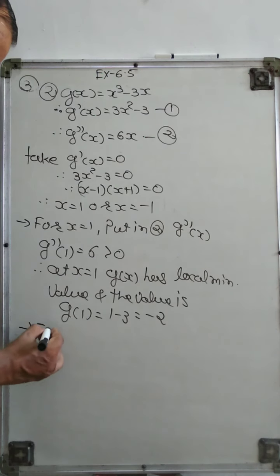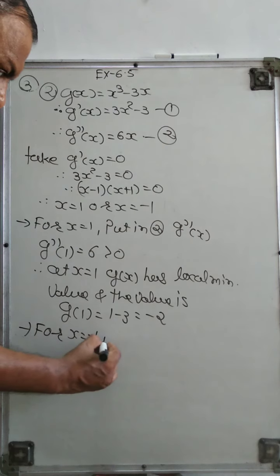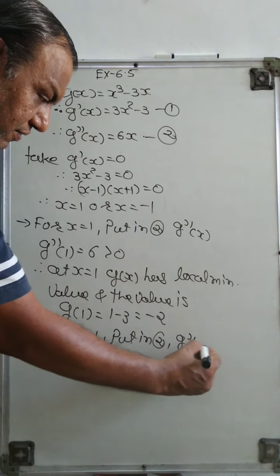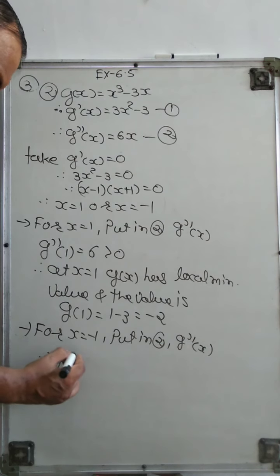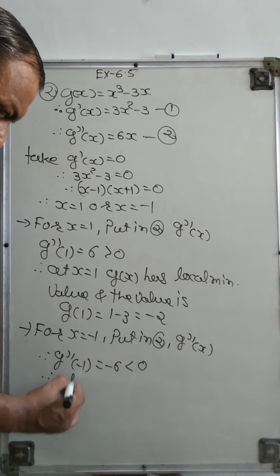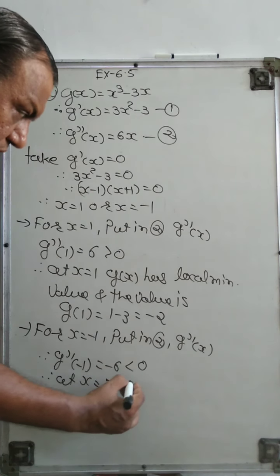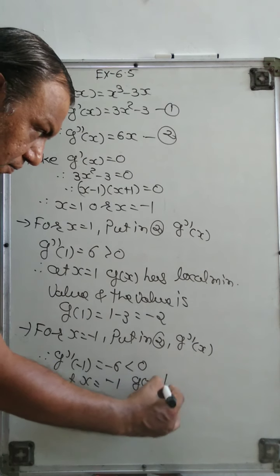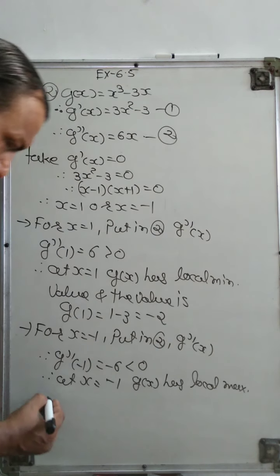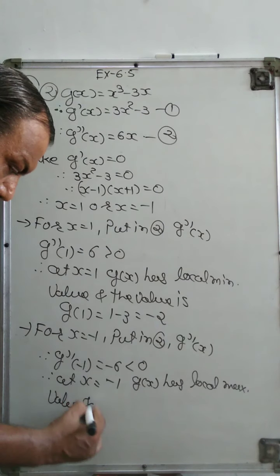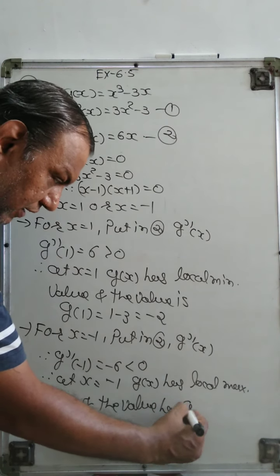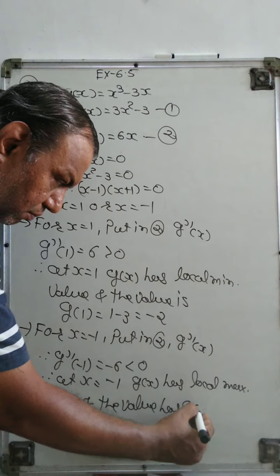And for x equal to minus 1, put in g double dash x. So g double dash minus 1 is minus 6, which is less than 0. At x equal to minus 1, g(x) has local maximum value, and the value is g(minus 1).